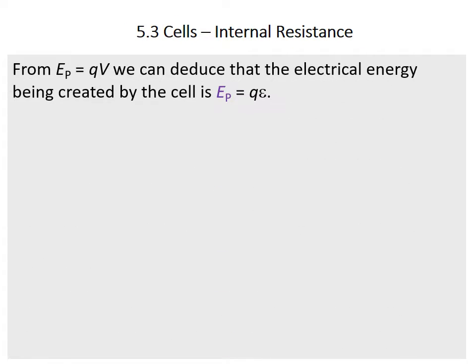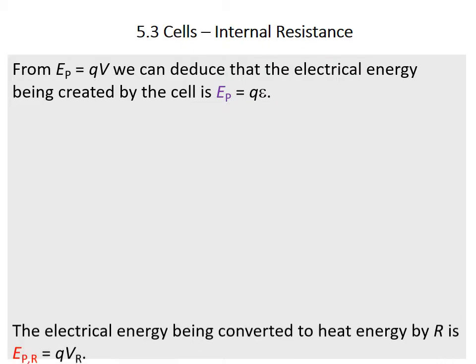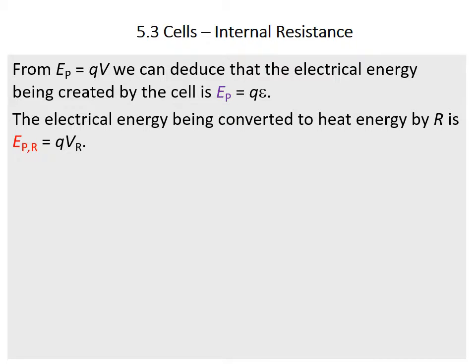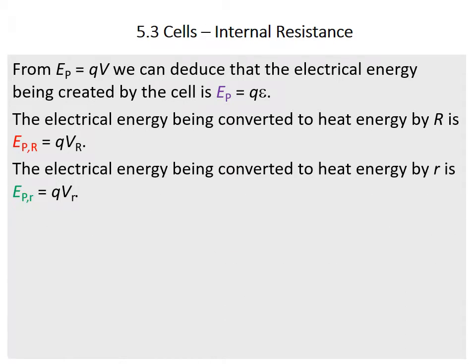Okay, quick derivation of the equation. From potential energy equals Q times V, work is equal to Q times voltage. We can deduce that the electrical energy being created by the cell is E sub P equals Q times epsilon, where epsilon is the voltage of the cell. The electrical energy being converted to heat energy by an external resistance R is Q times the voltage dropped across that resistor.